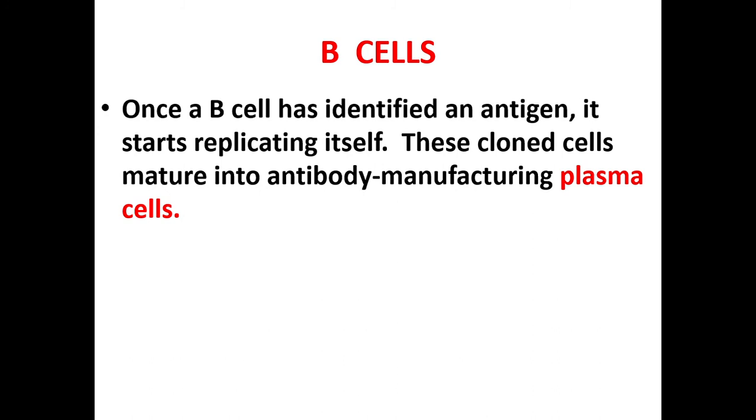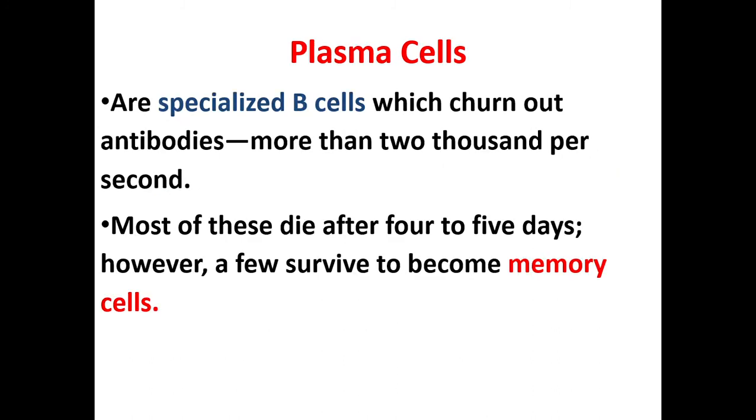These cloned cells will mature into an antibody manufacturing cell we refer to as plasma cells. The plasma cells are specialized B cells which churn out antibodies, more than 2,000 per second.